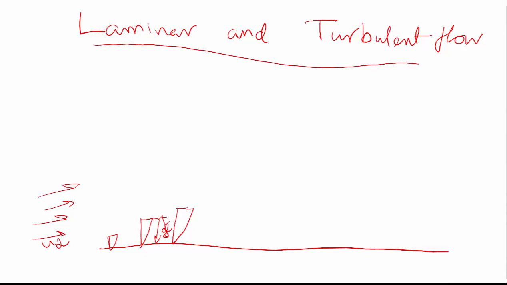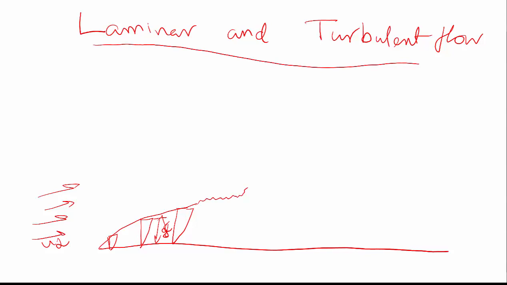For a particular distance the flow is like laminar, and then at a particular distance the velocity profile becomes irregular.